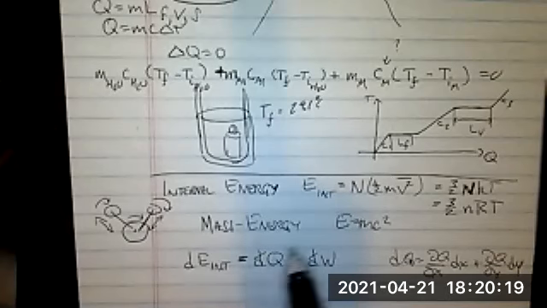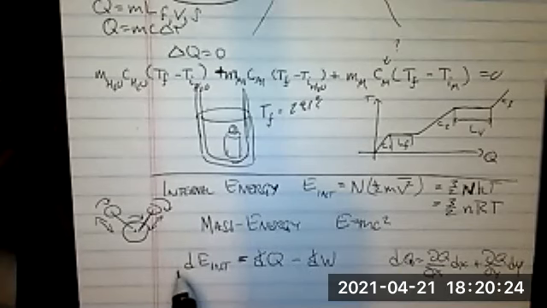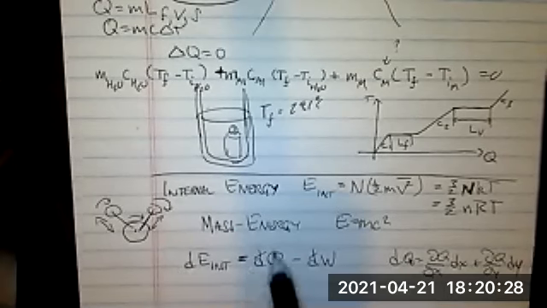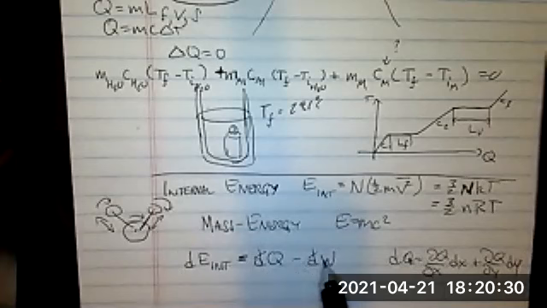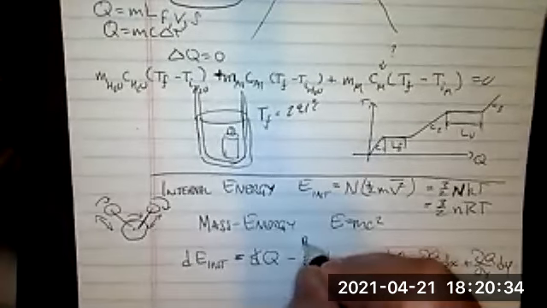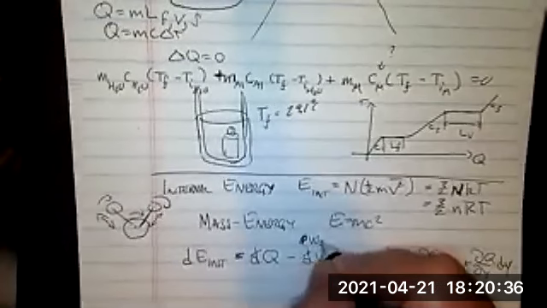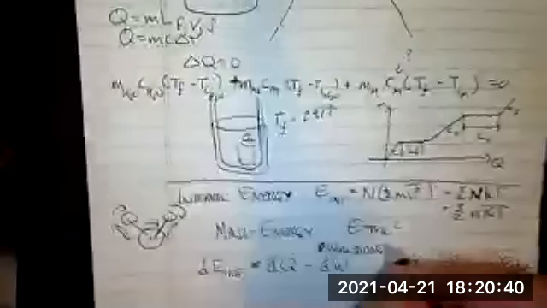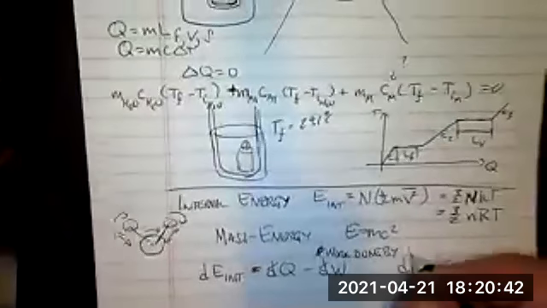But the big thing to realize is that the change in internal energy of a system is equal to the heat you add to the system minus the work done by the system. So this is work done by the system.